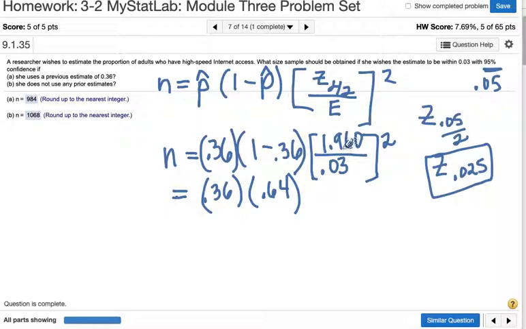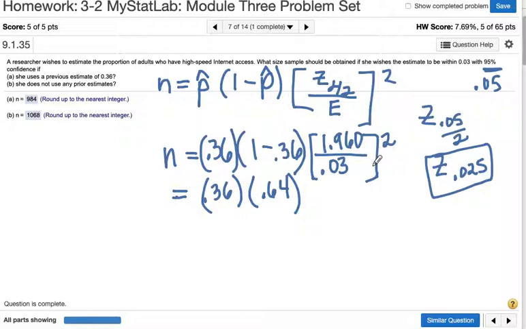And then I would do 1.960 divided by 0.03, and I come up with 65.333 repeating. And then I multiply that by 0.64, and I'm leaving this in my calculator so that I get something very close to what it should be.